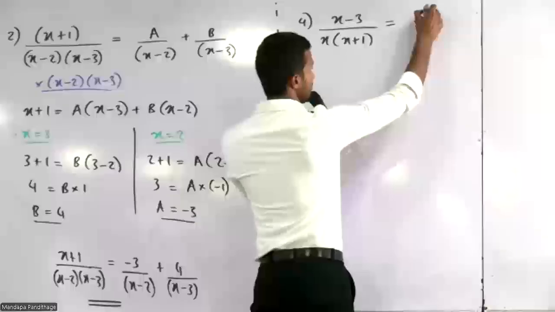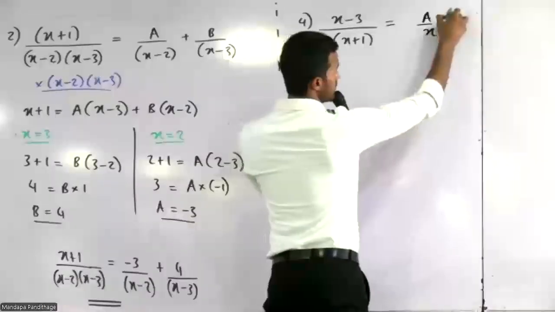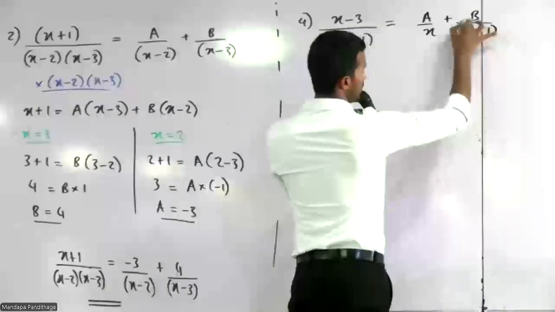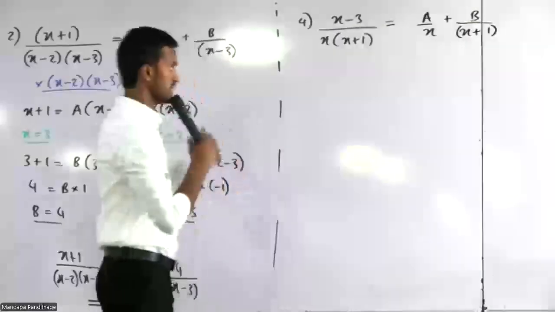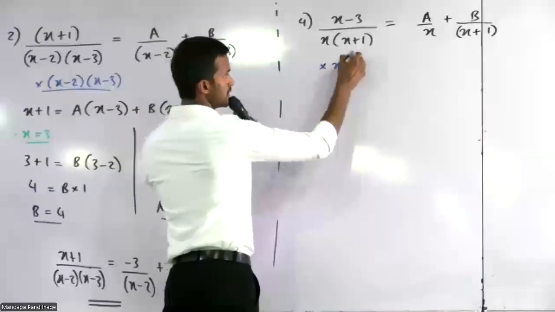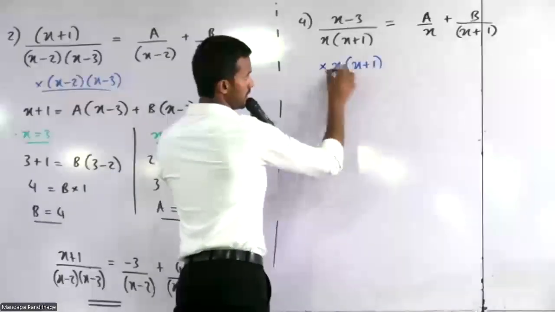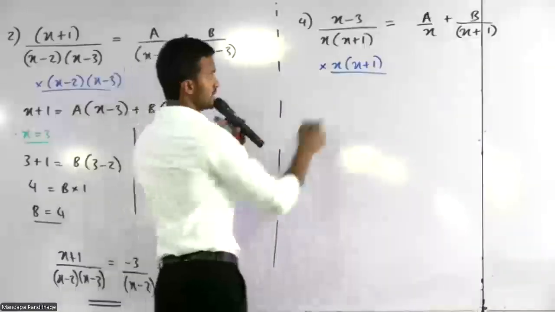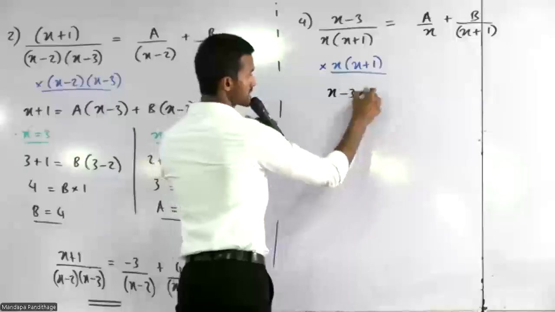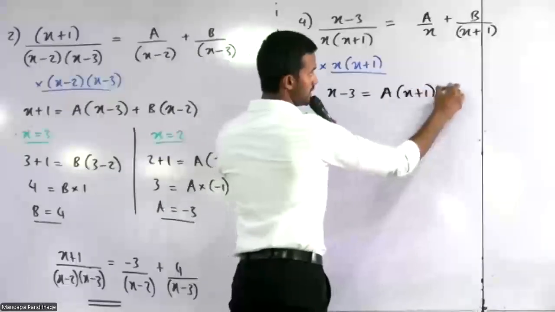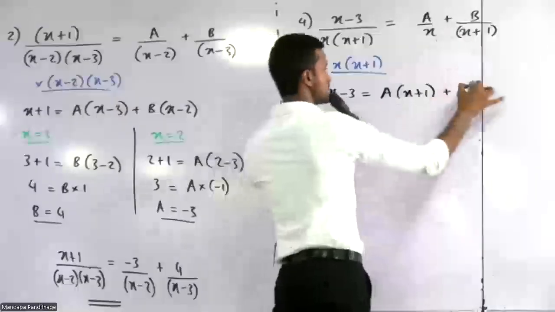I'll write this as a over x plus b over x plus 1. Now you can multiply by x into x plus 1. What do I have? X minus 3. And if x cancels off, x plus 1 will be remaining, and this is b into x.